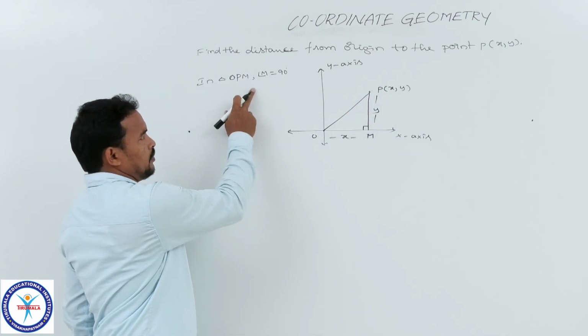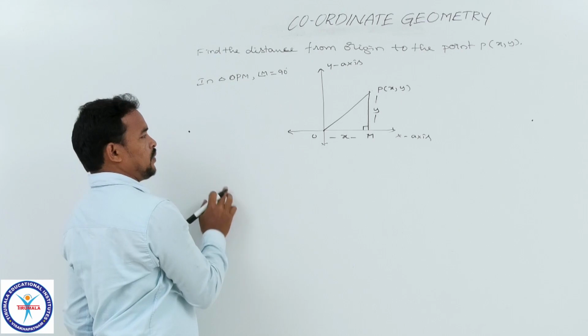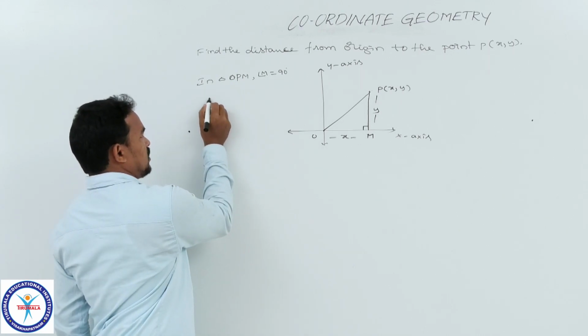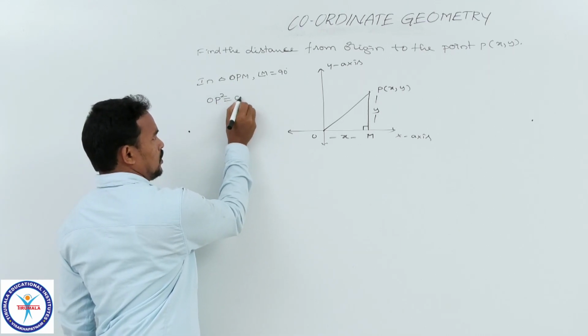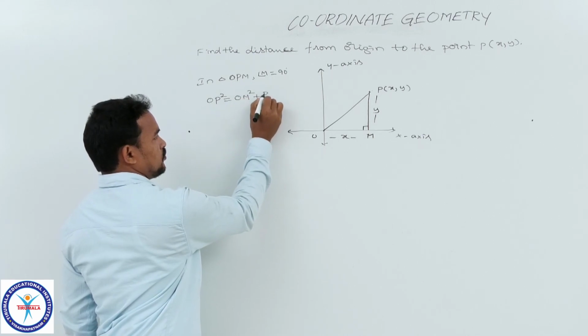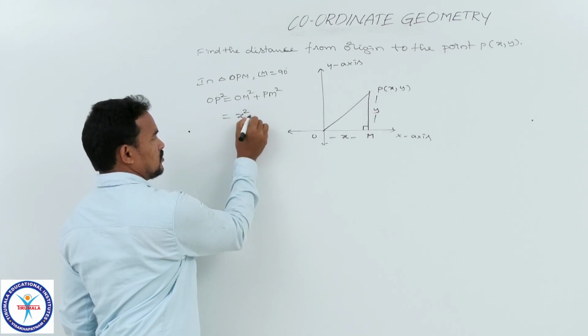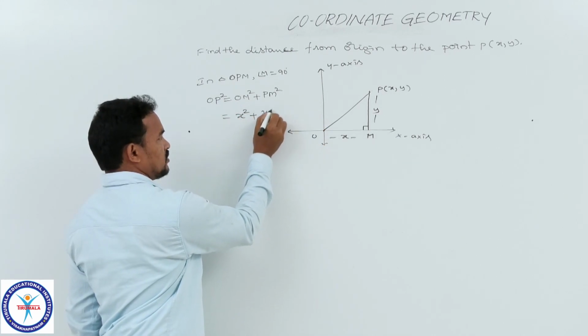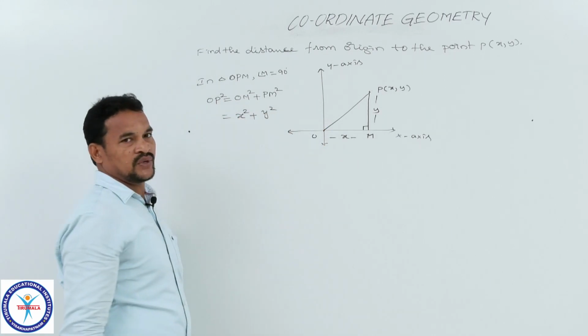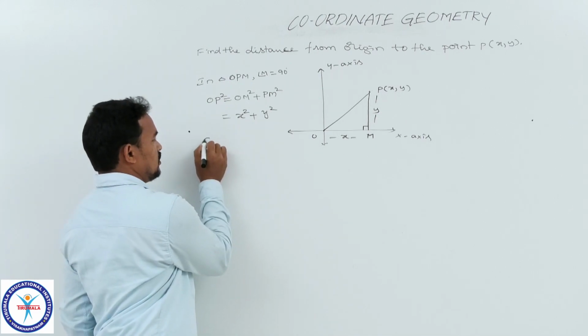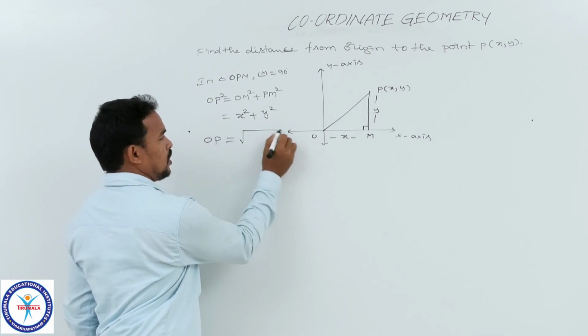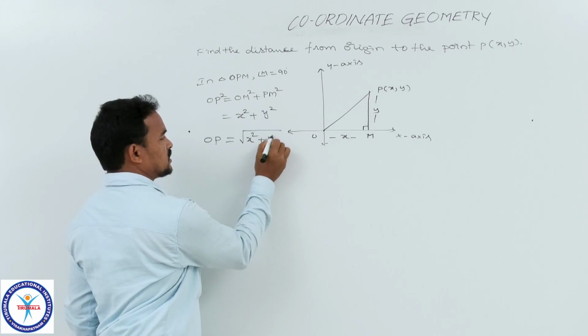Now in triangle OPM, angle M equals 90 degrees, so by the Pythagoras theorem, OP square equals OM square plus PM square. OM is nothing but x. PM is nothing but y. So OP square equals x square plus y square. For this, OP equals root over x square plus y square.